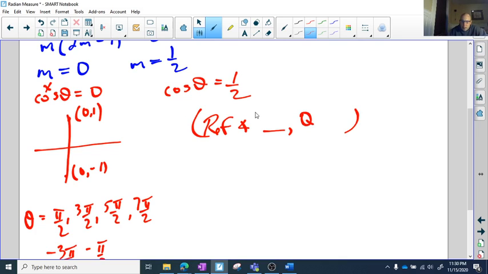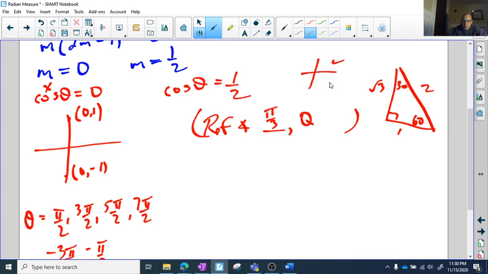What I mean by that is, because this is a special angle, I know that it comes off of this 60-30 triangle, so 1, 2, square root 3. Cosine of a half has to be 60 degrees, so I could put in here pi over 3 as my reference angle by looking at my triangle. And then cosine can only be positive where x is positive, which would be over here and here, so I know I'm in quadrant 1 or 4.